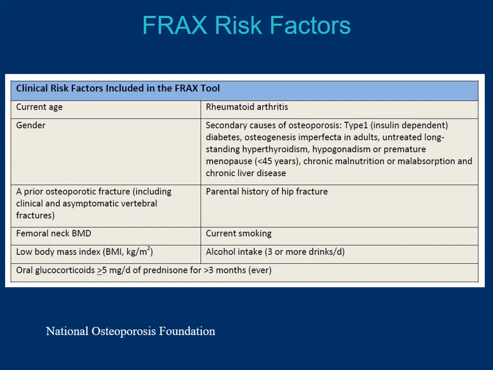This tool was developed in recent years to assess the fracture risk in the next 10 years, utilizing many clinical and demographic data, such as the current age of the patient, the gender, the body weight and height, calculating the body mass index, the previous history of fragile or osteoporotic fractures, including clinical and asymptomatic vertebral fractures, the parental history of hip fractures, the bone mineral density of the femoral neck, and previous or current treatment with glucocorticoids of 5 or more milligrams per day of prednisone for more than 3 months, which is the most important steroid intake to assess.